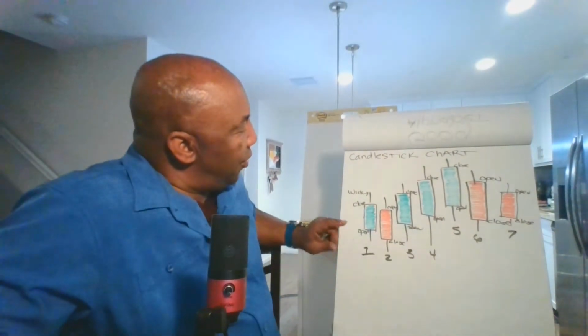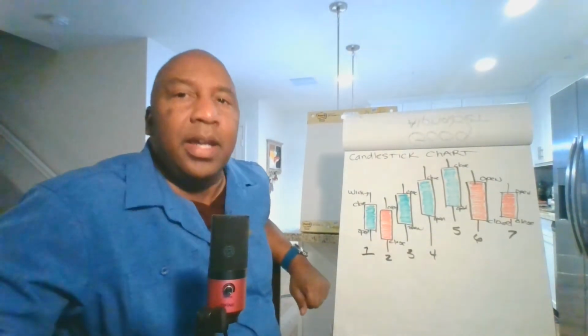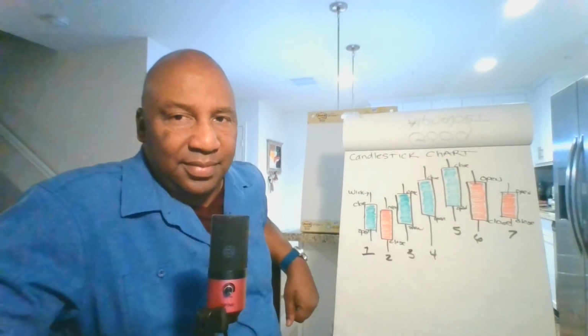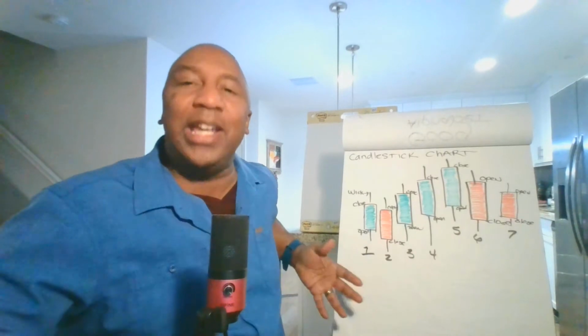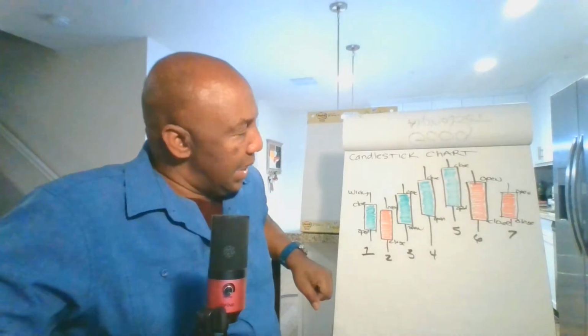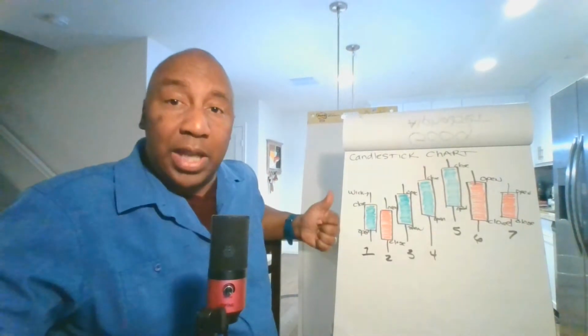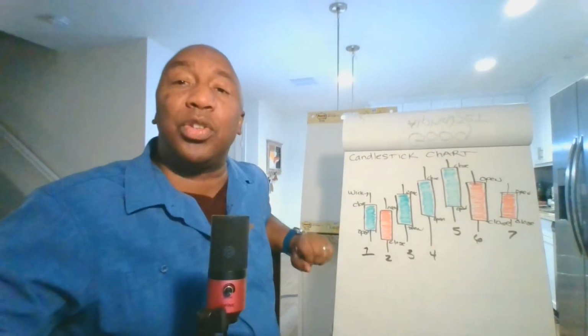Now, first of all, if you notice, there are two colors: green and red. Green represents the market going up. For that day, the market was green. You'll hear that term, newbie: green or red day. It was trending up that day. The red means down, or a bearish candle. So the green is a bullish candle, and the red is a bearish candle, meaning the market was going down.